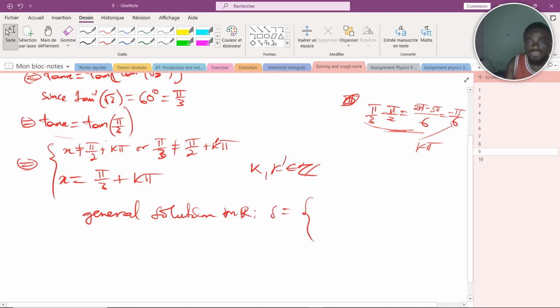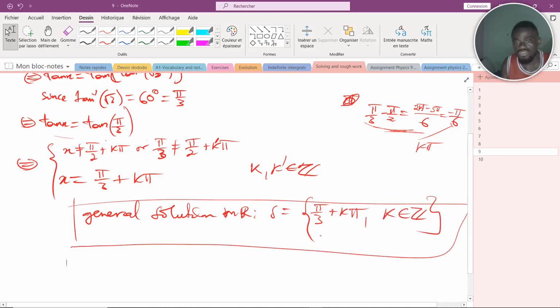Any number of this form, pi on 3 plus k pi, with k belonging to what? K belonging to Z. So that's our general solution.